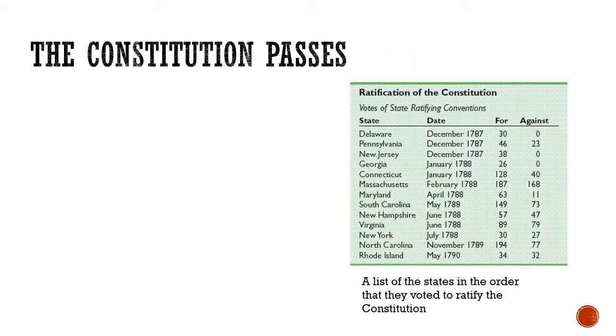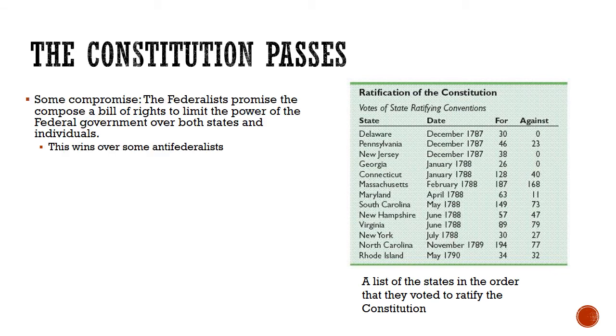But in spite of anti-federalist opposition, the Constitution eventually becomes ratified. It passes. Part of the reason that it becomes ratified is the Federalists are willing to compromise on a couple of issues. The most important issue that they're willing to compromise on is the protection of individual rights.